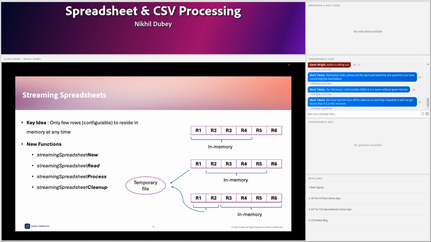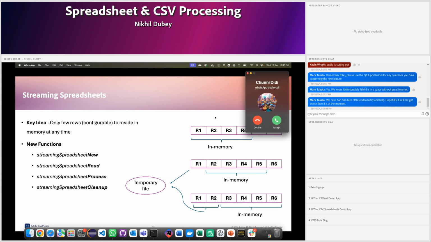For example, if the window size is 4, and you start reading the rows, you bring 4 rows into the memory, and it will keep on accumulating the rows. Then you try to bring in the fifth row, and it will write the first row to a temporary file.